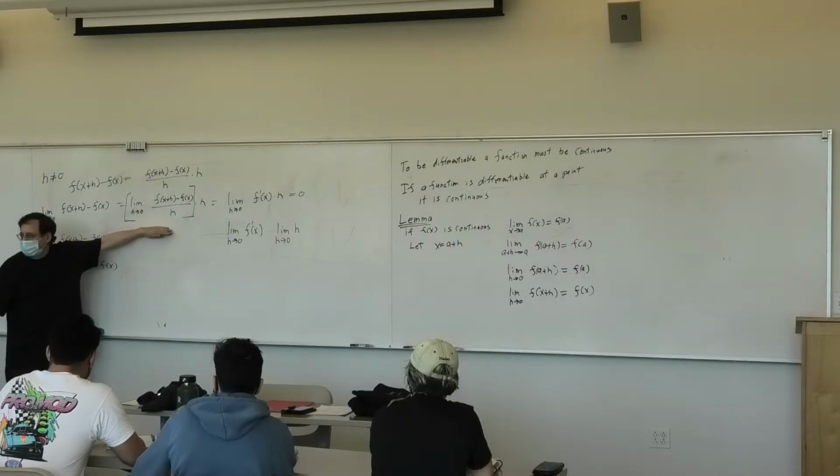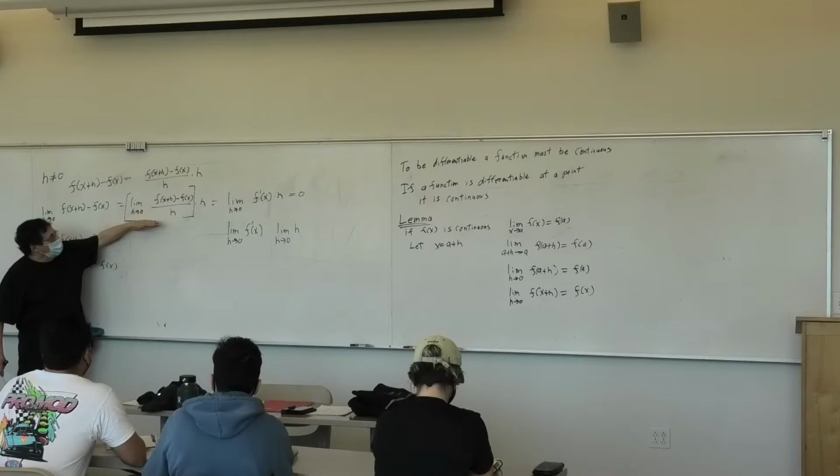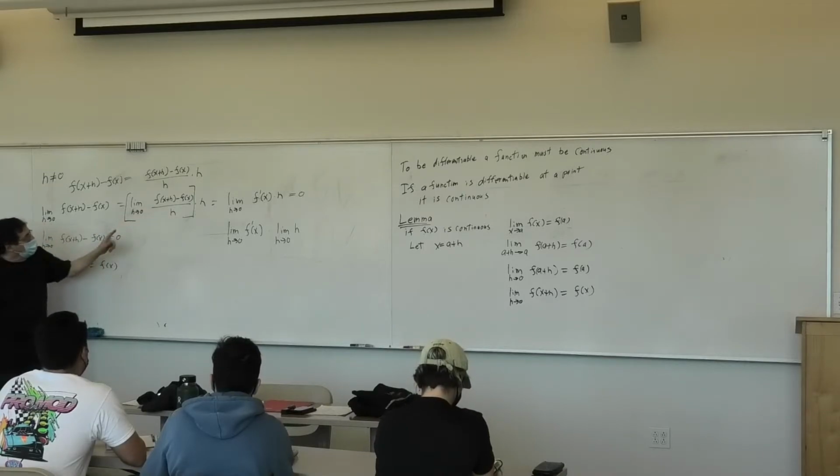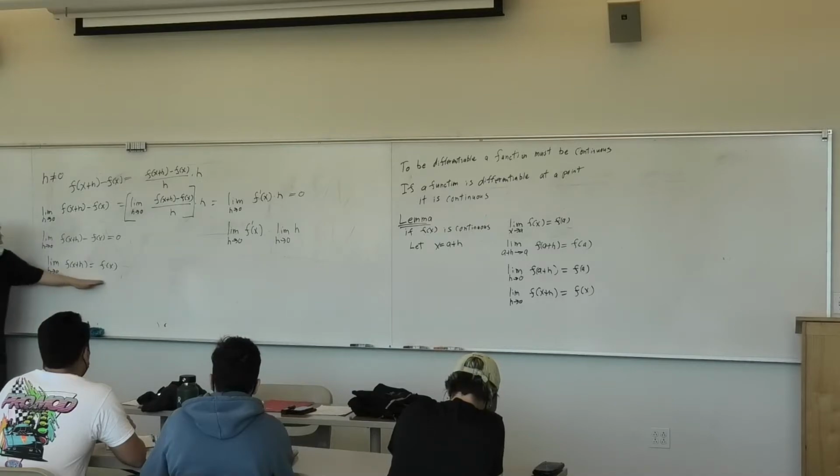That comes in right here. If this isn't true, then the proof falls apart. It's because we know the function is differentiable that we can make this statement that it becomes 0, and that gives us this statement, which is equivalent to the function being continuous.